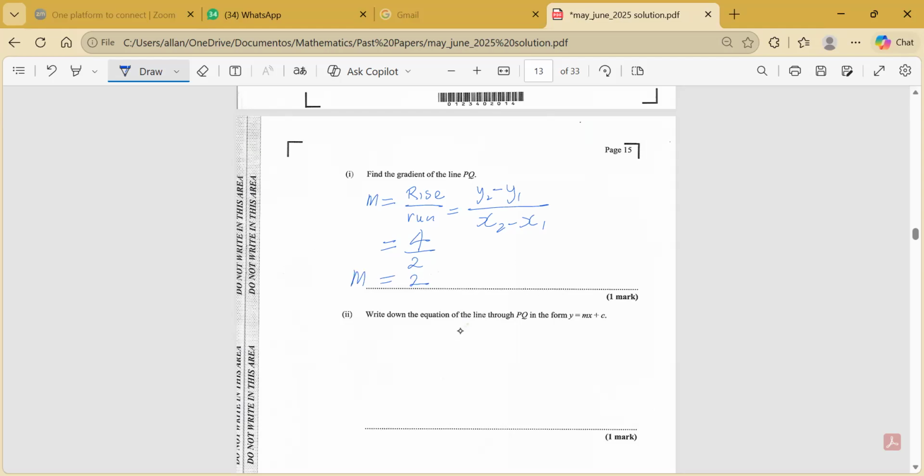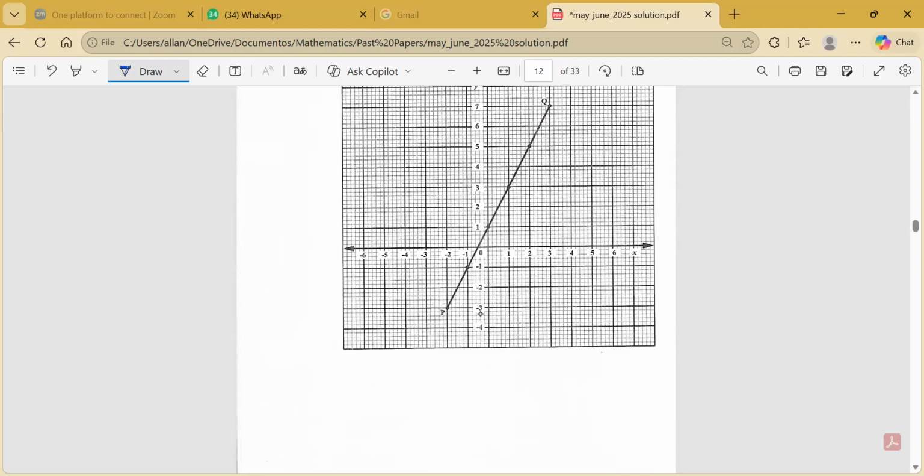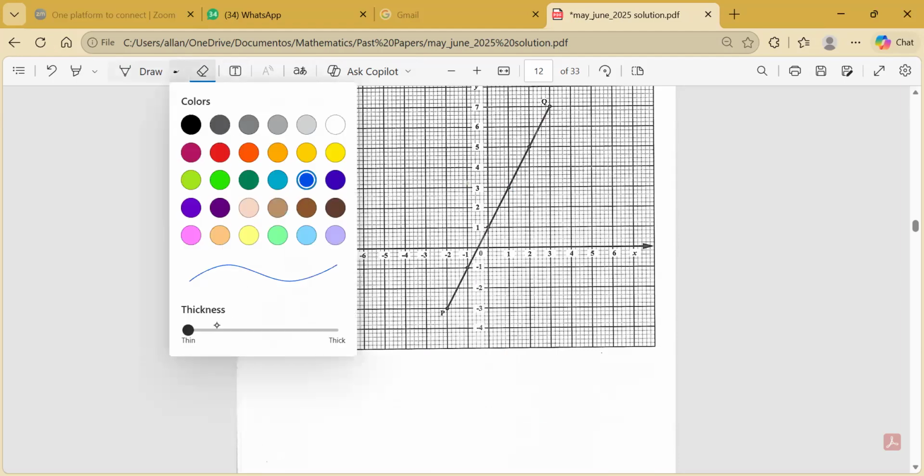Now, for the equation of the line, you have to choose a point. So I'm just going to choose any point. There's a point here, I'm choosing this point. Somebody tell me what is the coordinate of that point? So 3 and 1.